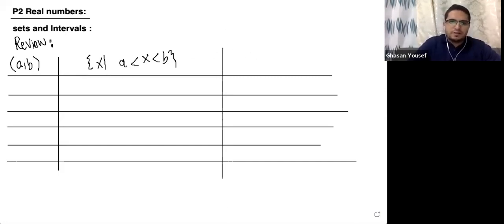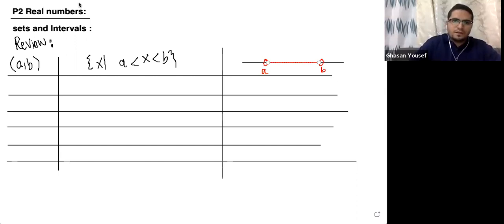So the graph for this one looks like this: a small line from A, an open circle or open ball at A, and the same at B, open because they are not included. So here, the line between A and B.